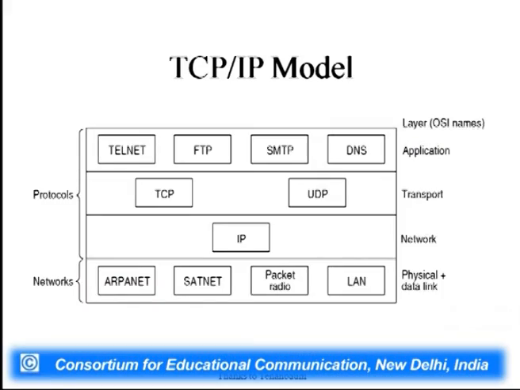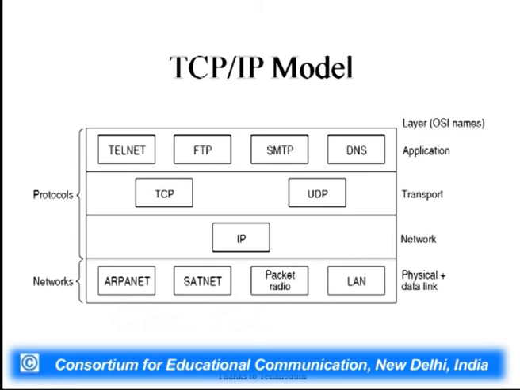Now, let us see what each layer of TCP/IP does. Before we go into details, let us look at this diagram. Why is this diagram important? At the lowest level, you have the physical plus data link layer, which is combined in a network interface card. So, TCP/IP does not need to do anything.